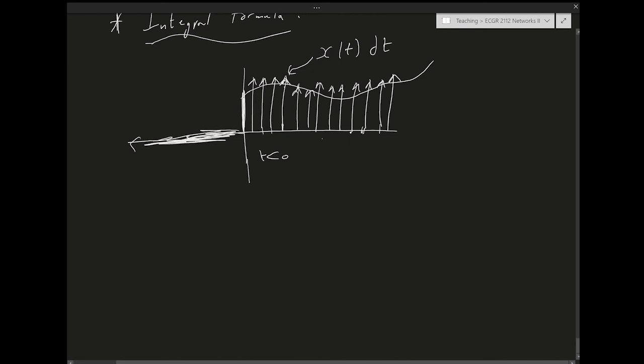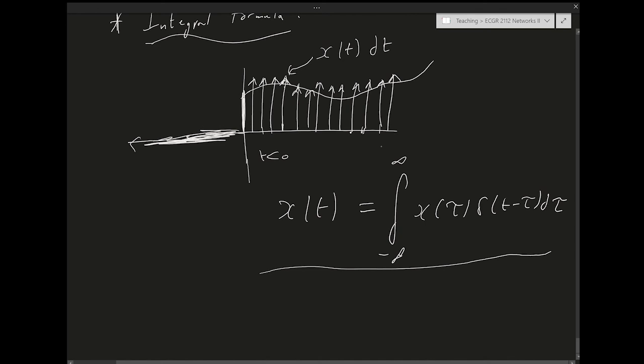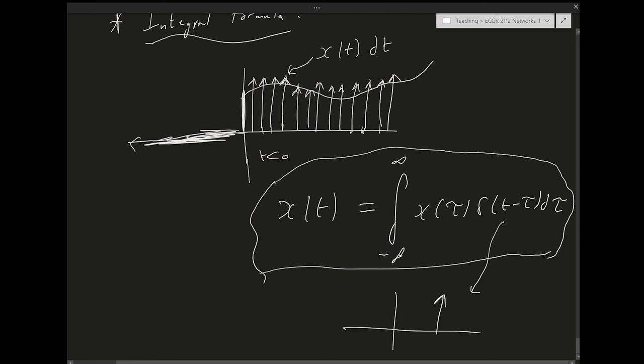So I mean, this follows from the ability of writing x of t as the integral from minus infinity to infinity of x of tau delta t minus tau d tau. This formula is self-evident from the shifting property of the Dirac delta function, meaning this Dirac delta function is zero everywhere except at t equals tau. This is shifted by tau, right?